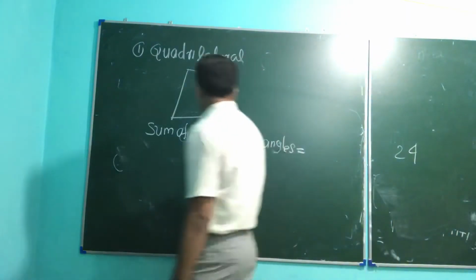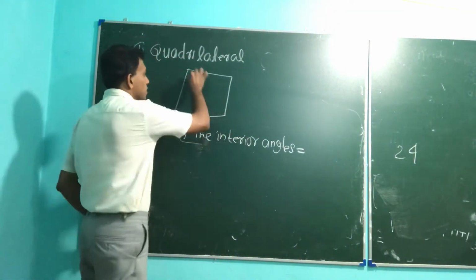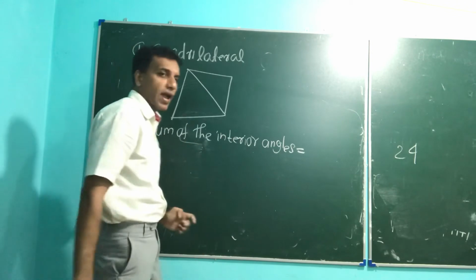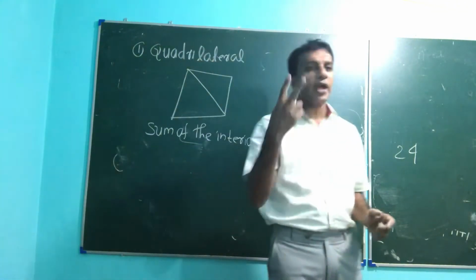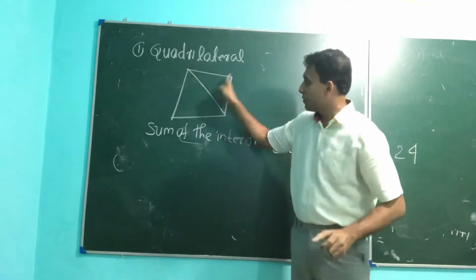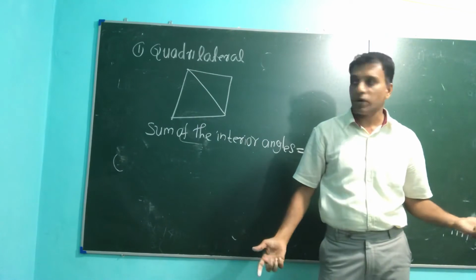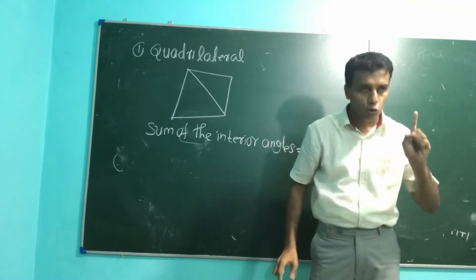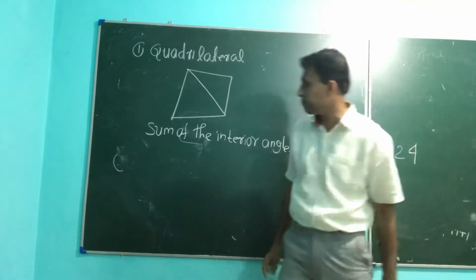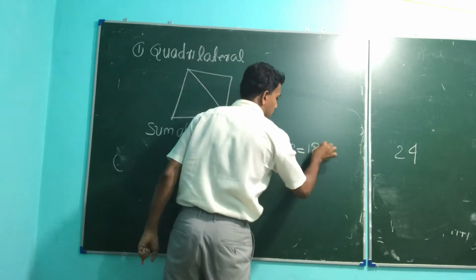See here, how many triangles can be drawn without overlaps? 2 triangles without overlaps. Otherwise, you can draw this also, there are 4 triangles or like that. But here, without overlaps, 2 triangles can be drawn. You know one triangle is 180.